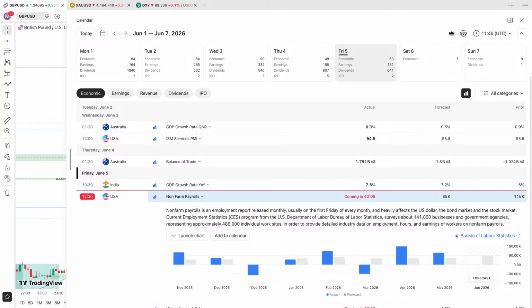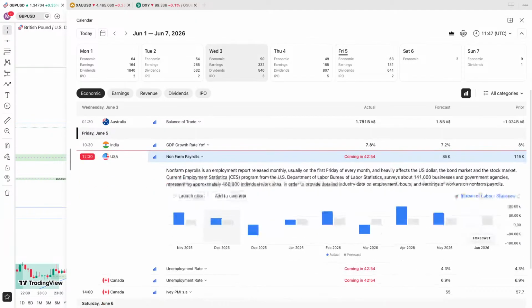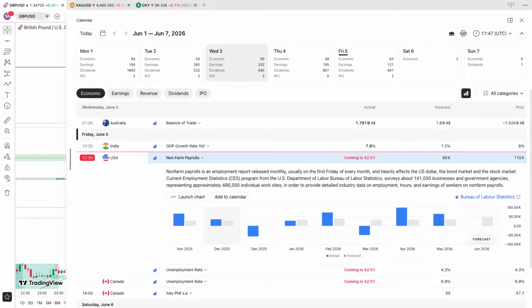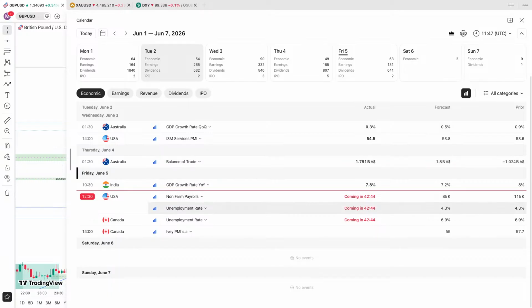It draws on the Current Employment Statistics (CES) program from the U.S. Department of Labor Bureau, and so on. Basically, this is NFP, and it talks about employment. It is a key news event that hits the market, and we have other news too, like the CPI, which also has a huge impact on the market.